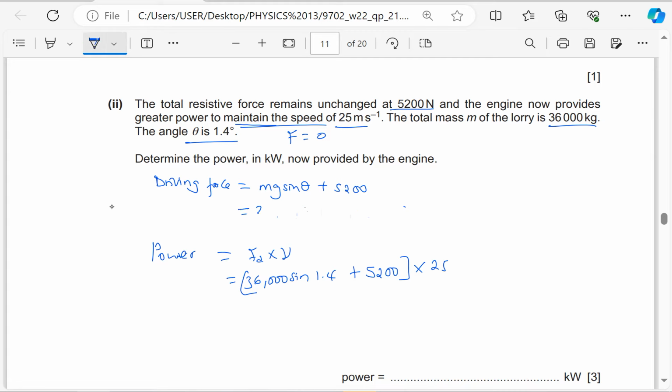So m is 36,000, g is 9.81, sine of 1.4 plus 5,200. Sorry about this. 36,000 times 9.81 sine of 1.4.